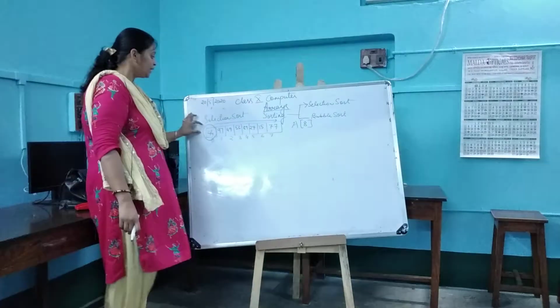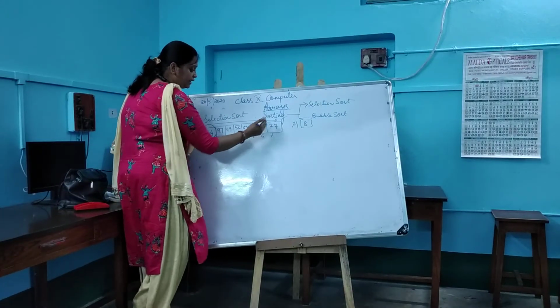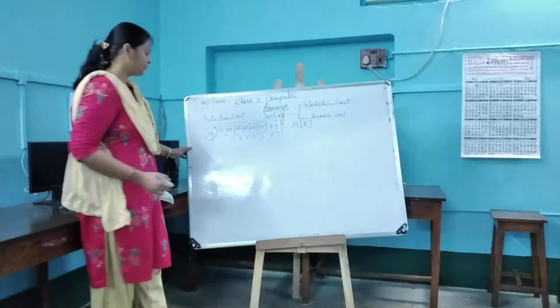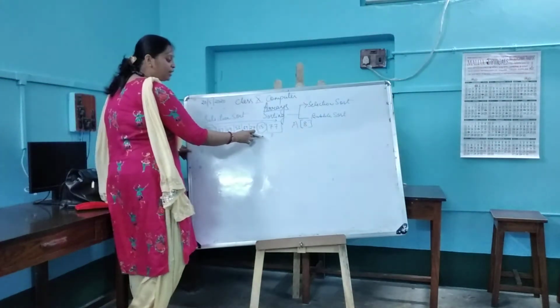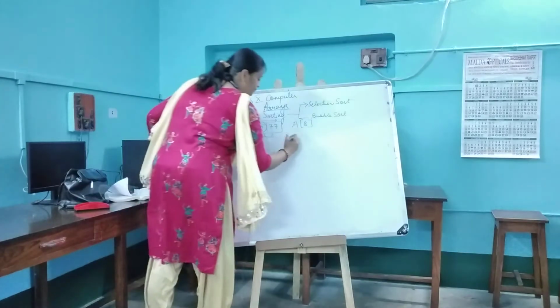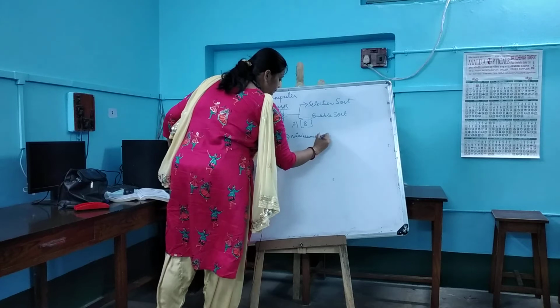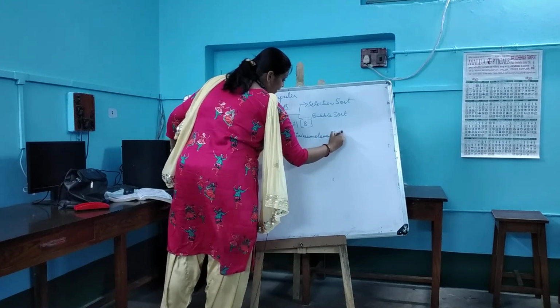You can see over here, it gets 15 as the minimum one. Minimum element found.